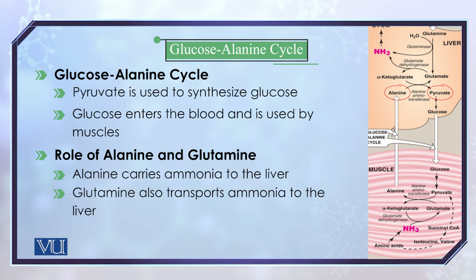Pyruvate is converted into alanine, alanine is converted into pyruvate, and in doing this, the body gets rid of the ammonia by the conversion of alanine into glutamate, which after deamination gives rise to urea, which is excreted from the body. In this way, the alanine-pyruvate cycle is a very interesting feature of the urea cycle, or of the removal of ammonia from our body.